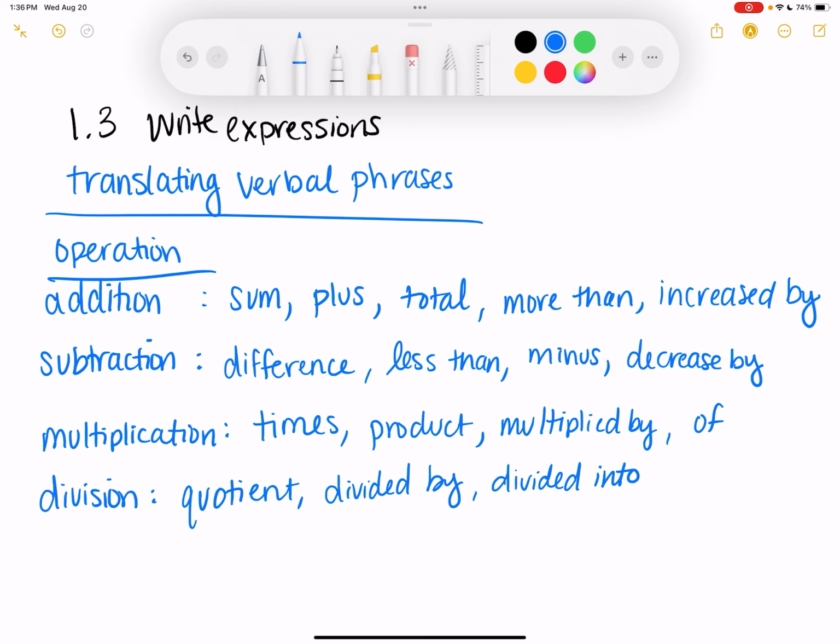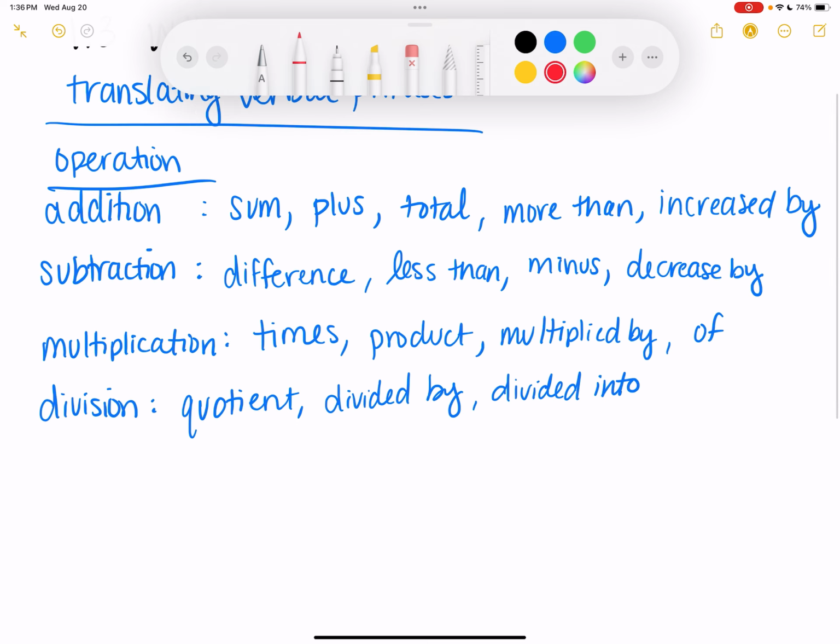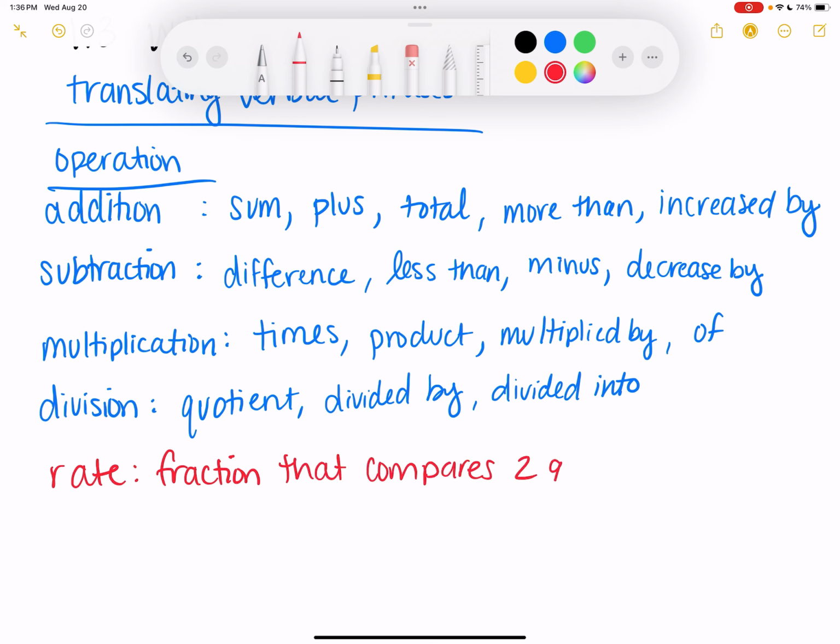And then a rate, that's the other stuff in this section, is a fraction that compares two quantities measured in different units.